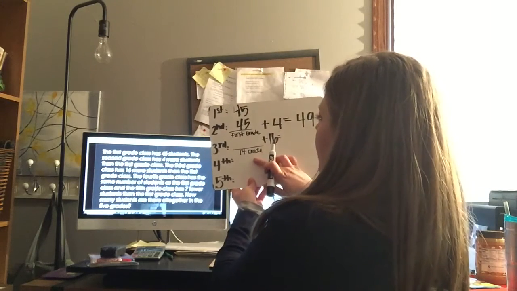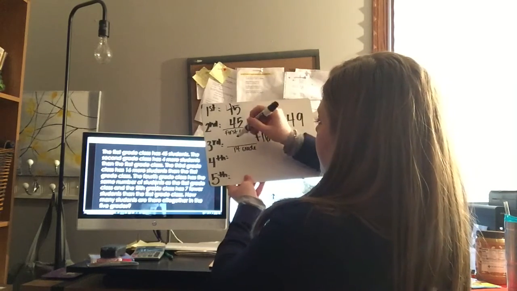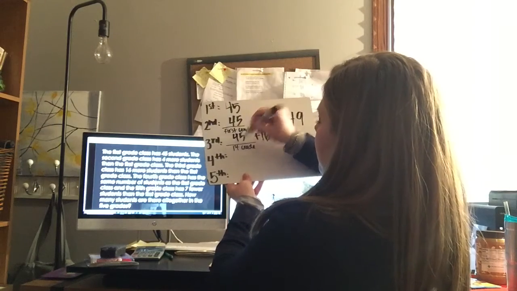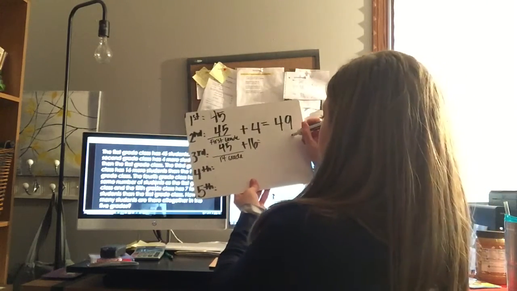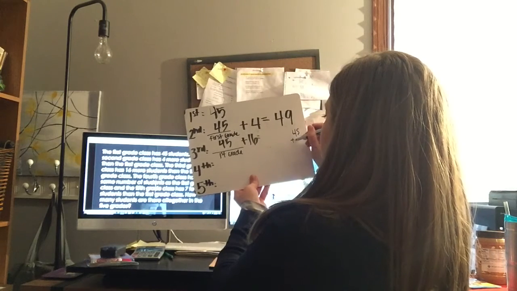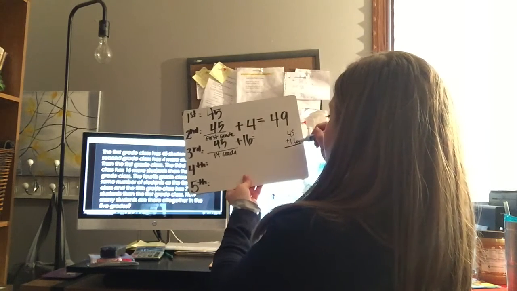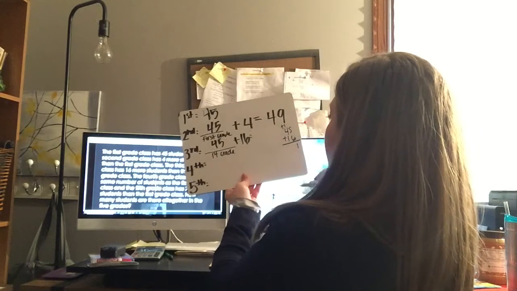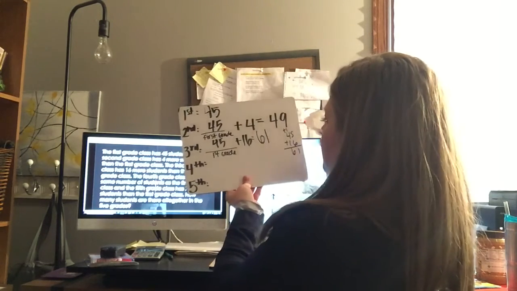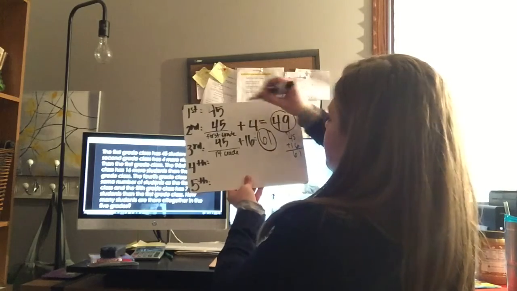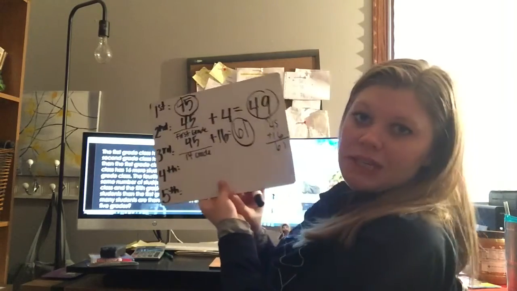So what did first grade have? First grade had 45. So to figure out third grade, we've got to do 45 plus 16. You can stack those. 6 and 5 is 11. 4 plus 1 plus 1 is 6. They have a total of 61 students. I'm going to circle these so we know what our total answer is here.